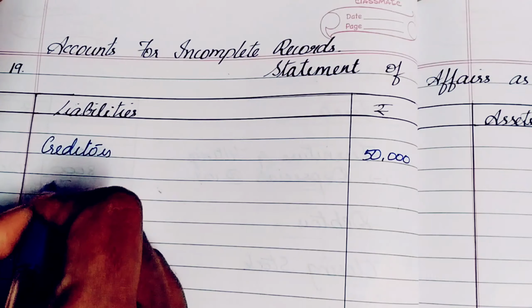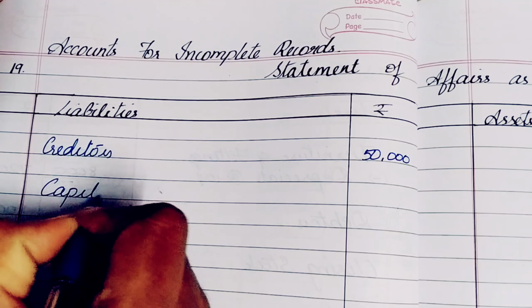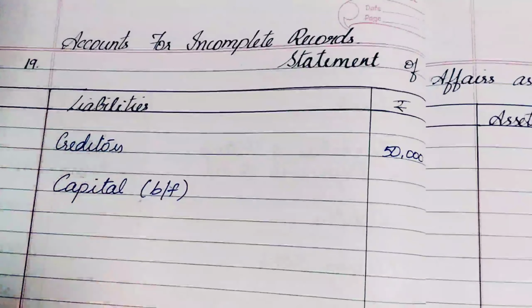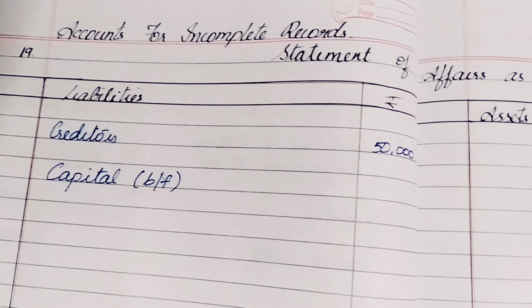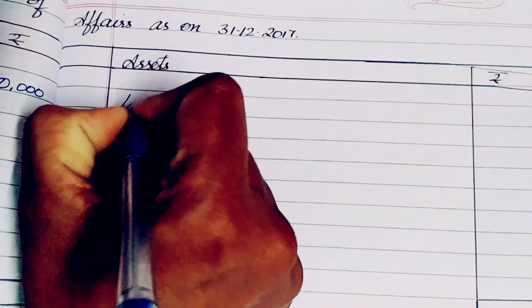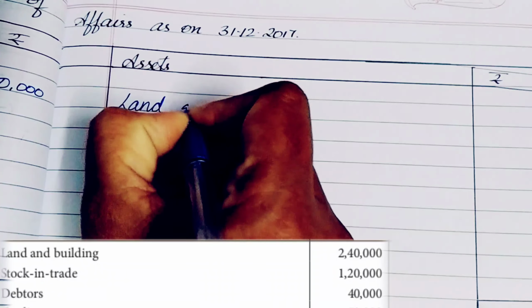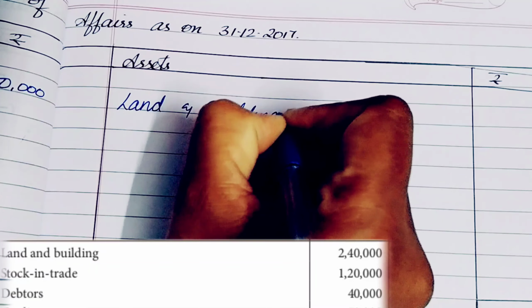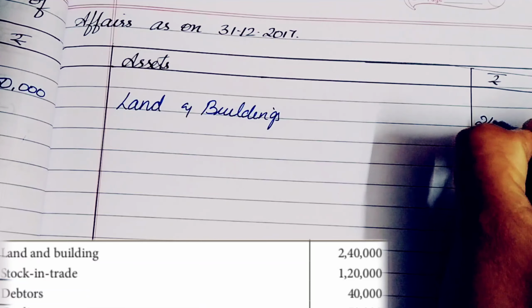Therefore, the last item is going to be the capital, which is the balancing figure. The main reason for opening this statement of affairs is to find the opening capital. Next, move on to the asset side for the other items. First one being land and buildings, which is 2,40,000.